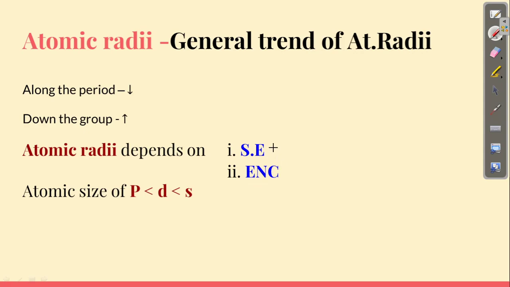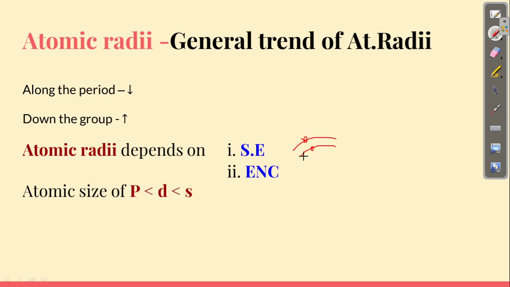What is a screening effect? The screening effect is nothing but the repulsion between the electrons present in the inner and the outer orbit. It is also called a shielding effect.